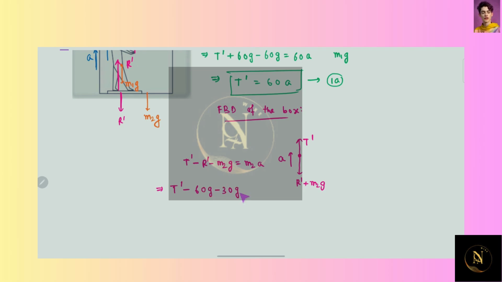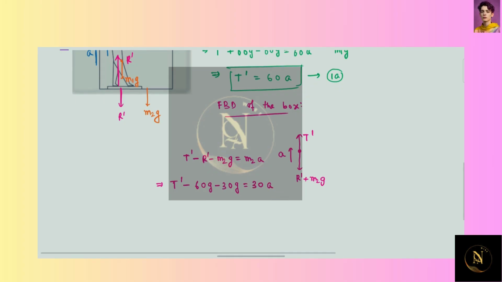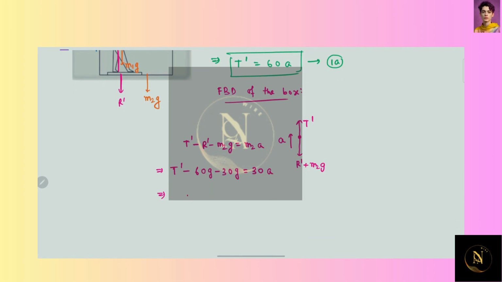Okay, then by multiplying this equation by 2, we can write 2T prime is equal to 60a plus 90 into 2, that is 180g. So let's say this is my equation 2a.